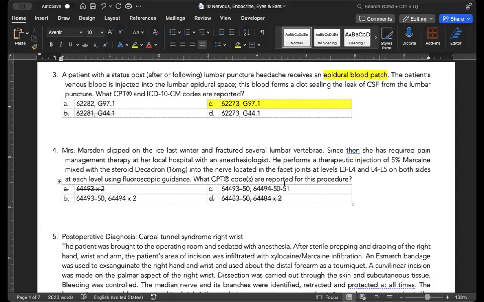Normally, you don't add both modifiers to that. Well, you can if it's appropriate, but you just can't use a 51 if it's an add-on code, because all of our add-on codes are automatically exempt. Right, then you've got your multiple procedures, and then it's bilateral procedure. So that's why I was like, no for that.